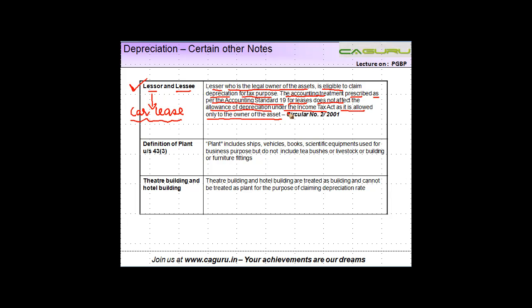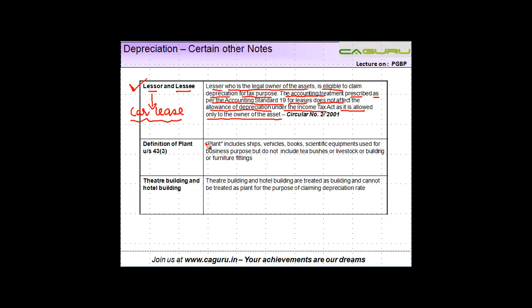In case of a lessor and a lessee relationship, the lessee does not become the owner of the asset unless and until the lease comes to an end and the lessee has the option to buy the asset. So therefore, till such time that option is exercised, the lessor himself is entitled to the depreciation, and it does not affect his right to claim depreciation.